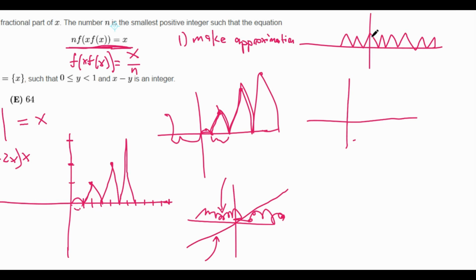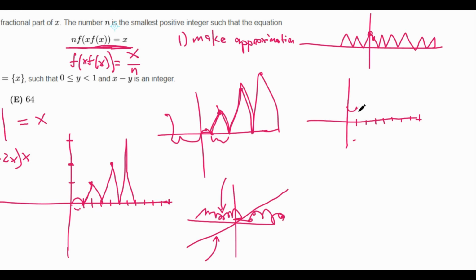It starts at 0, so the graph of f of x will start at 1. It goes to 1/4, which is around here, and then goes back up to 1. So the start of the graph will look like this. And again, I'll give 1/2 markings. Alright, so the beginning looks like this.